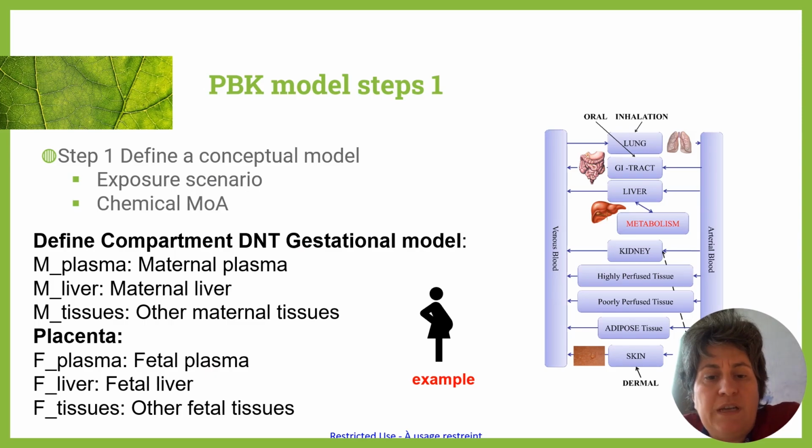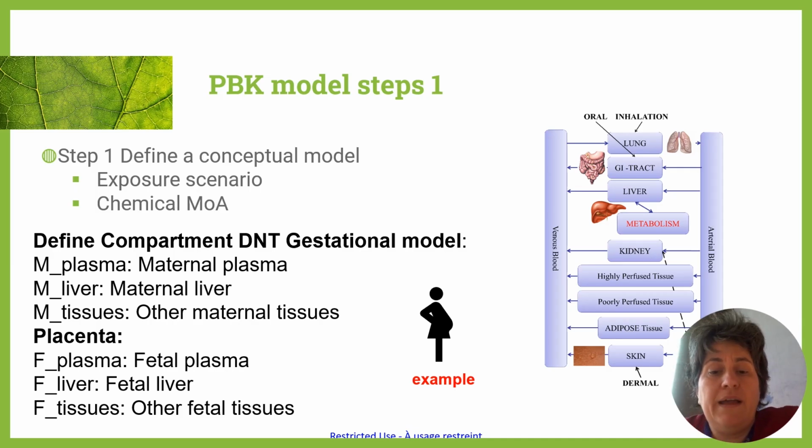The first step in building a PBK model is defining the conceptual model. You need to define the exposure scenario and understand the mode of action of your chemical. In this special instance, we know that the model needs to be a gestational model because we are looking at effects in the fetal compartment.